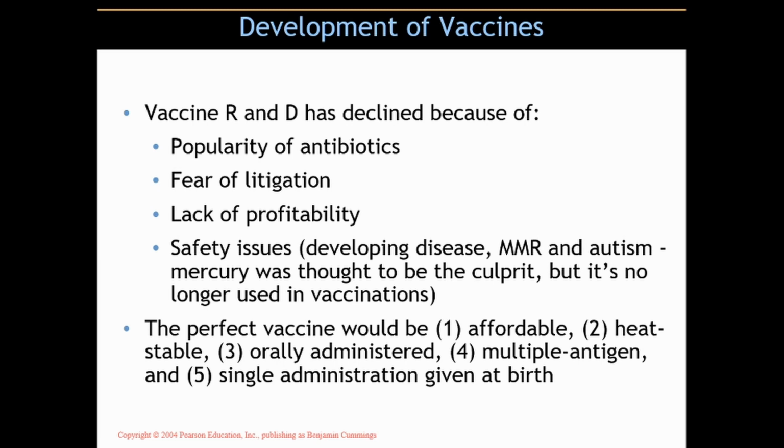It's an incredibly difficult process to develop a vaccine. It's so expensive. There's so much politics involved, lots of government red tape, and tons of money involved in developing vaccines.